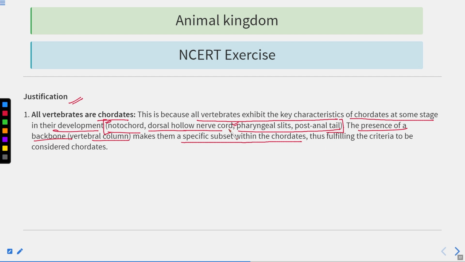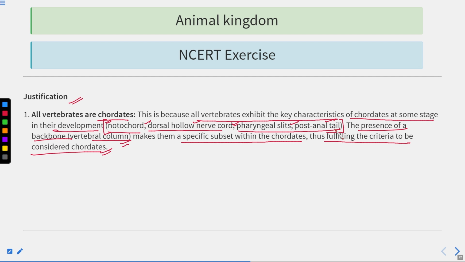These features are present in the larval stages of the vertebrates. But the presence of a vertebral column is not seen in all the chordates, right? So this makes them quite different from the other chordates, and that is why they are kept in a different group called vertebrates. They fulfill the criteria to be considered chordates. The notochord, dorsal hollow nerve cord, pharyngeal gill slits, and post-anal tail are present in the embryonic, developmental stages, so they are still considered chordates.